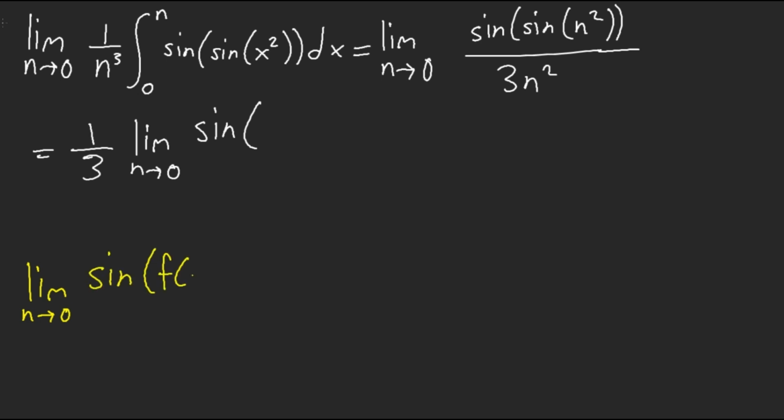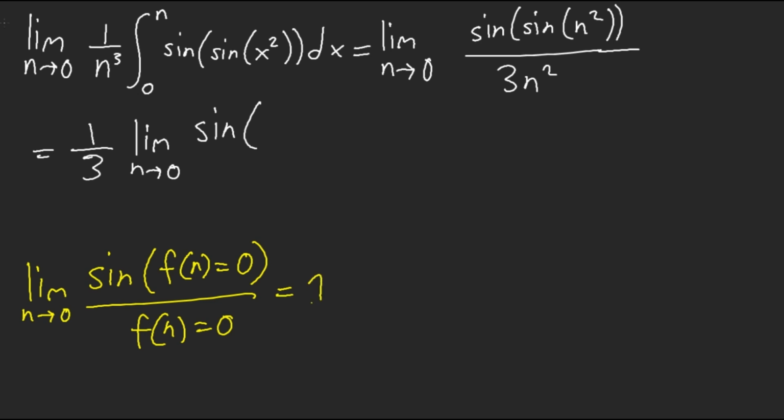Whatever this is, in general, this is equal to 1. And if you have any function that equals 0 when you plug in 0, then this is equal to 1.